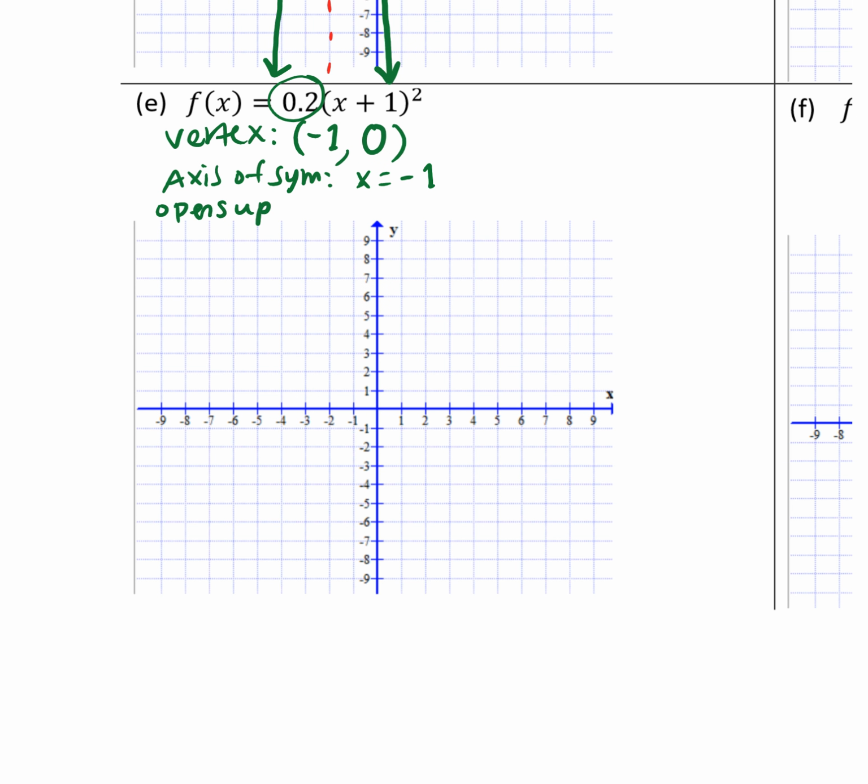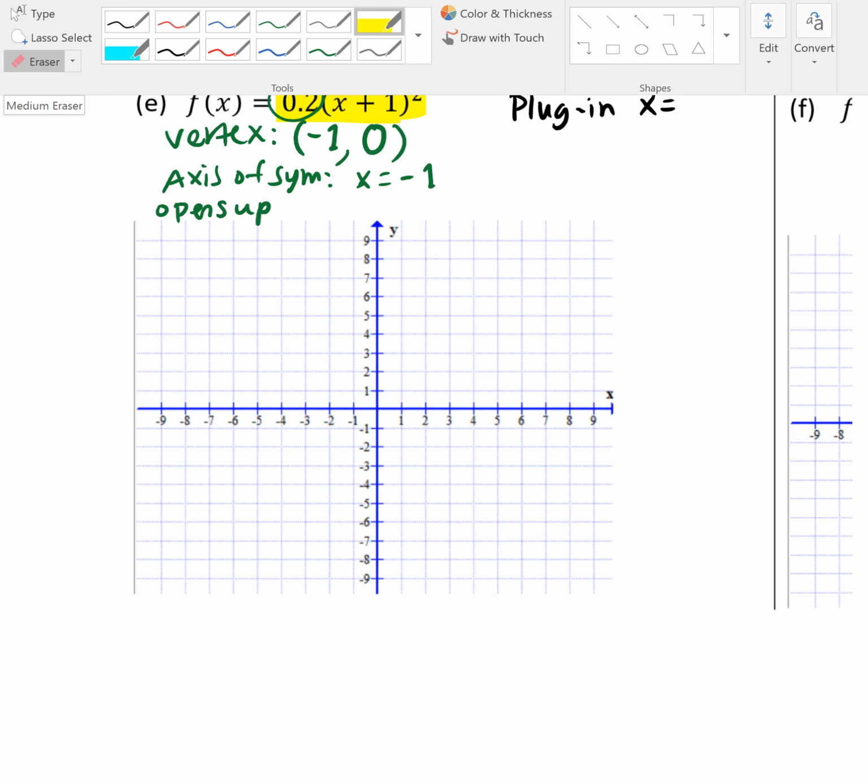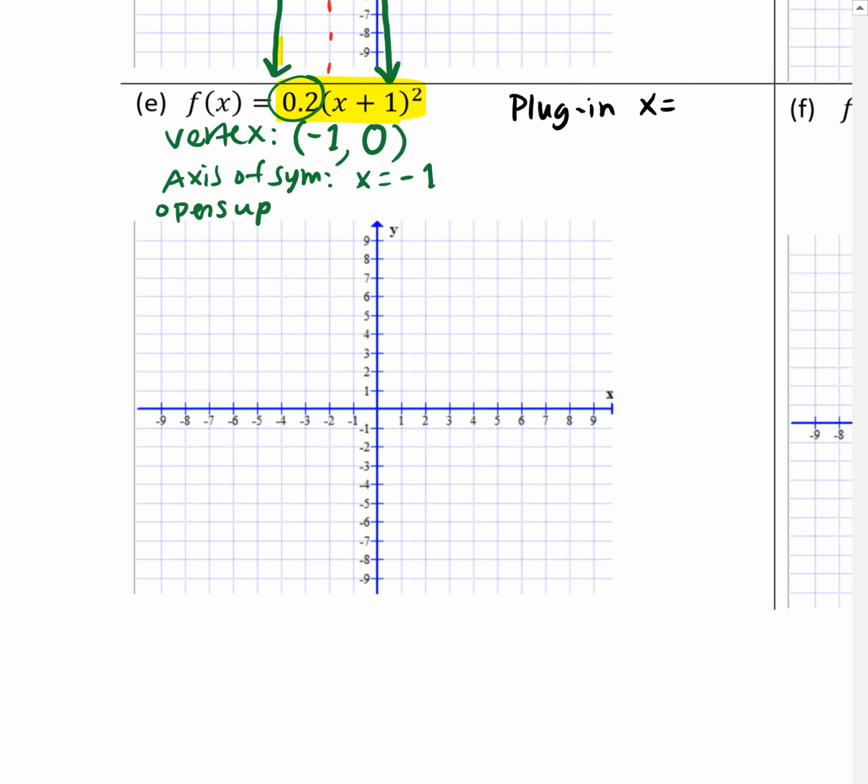Now we need to plug in one more value to find another point. X equals, okay, this is maybe similar to the last one where I'd look at this and say, what can I do here? Because I don't like that 0.2, that's worrying me. Whatever I plug in, I want it to be close to negative 1.